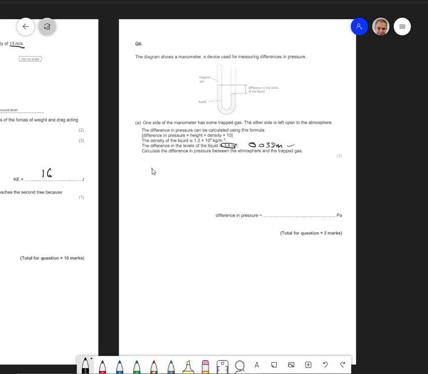So the change in pressure is equal to height, which is 0.038, times density, which is 13,000, times 10.